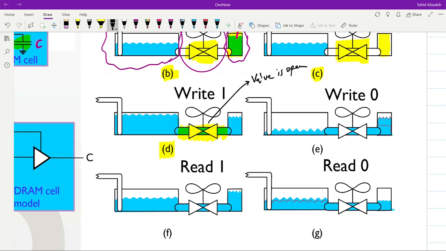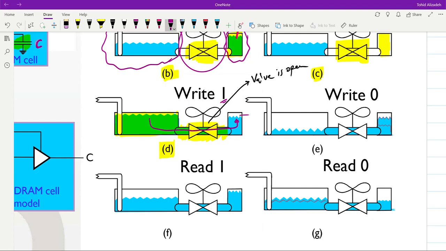And since we want to write 1, on the input data side, the big tank is filled almost completely with the liquid, and then the valve is opened, and as a result we have the flow of the liquid from the bigger tank to the smaller one. So the level of the liquid in the small tank will be high, and it means that we have written the value of 1 into that.